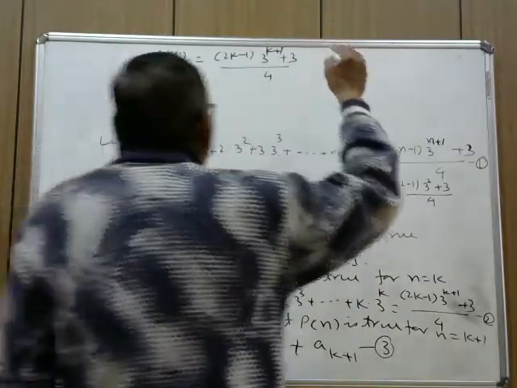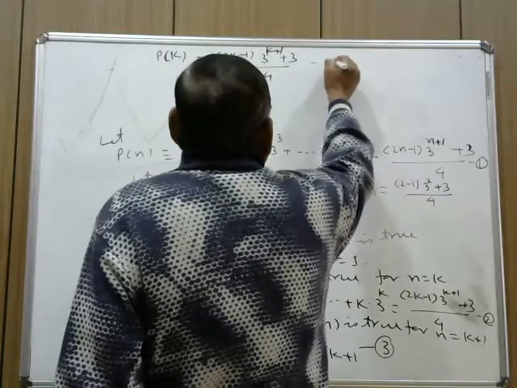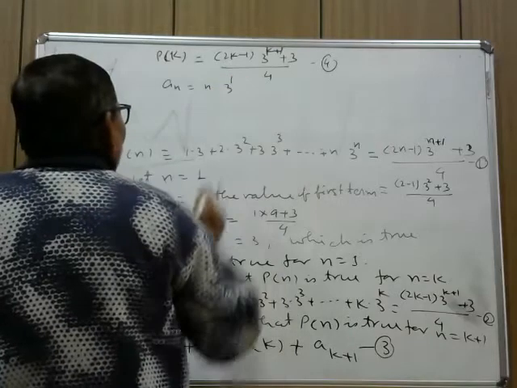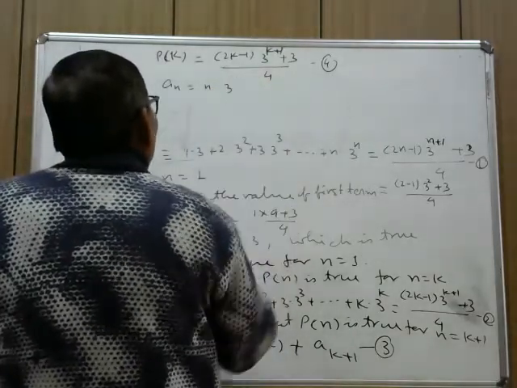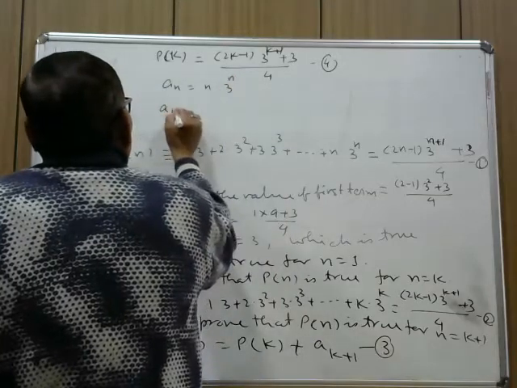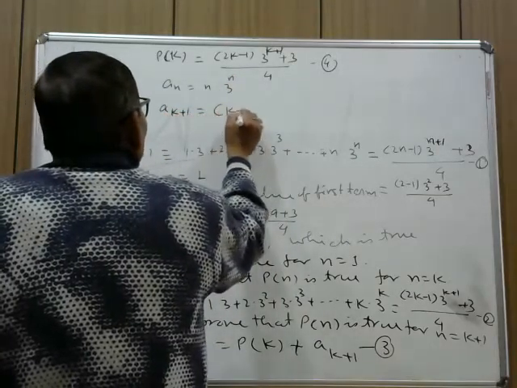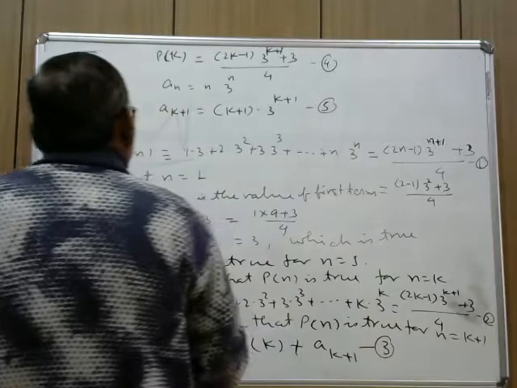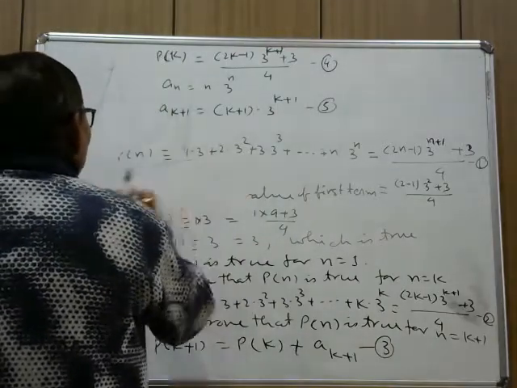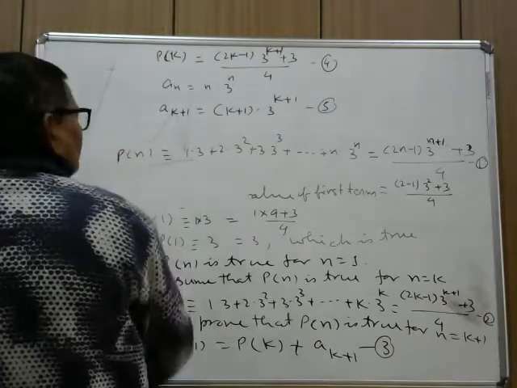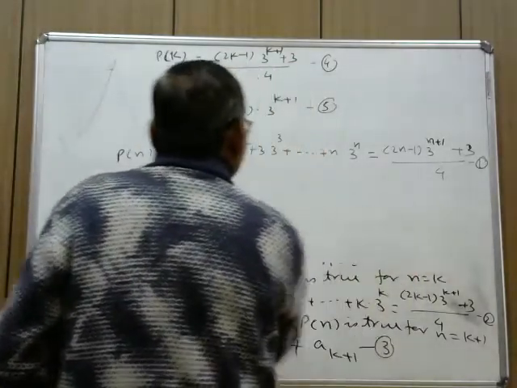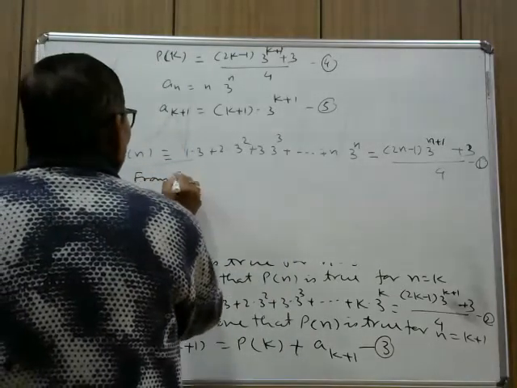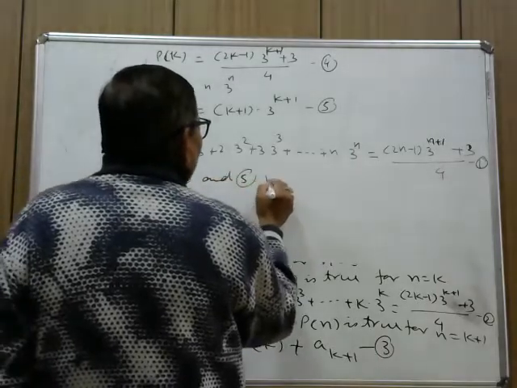This is taken as 4. Your nth term an is n into 3 to the power n, and from here a of k plus 1 equal to (k plus 1) into 3 to the power k plus 1. This is 5. From 4 and 5 we substitute.